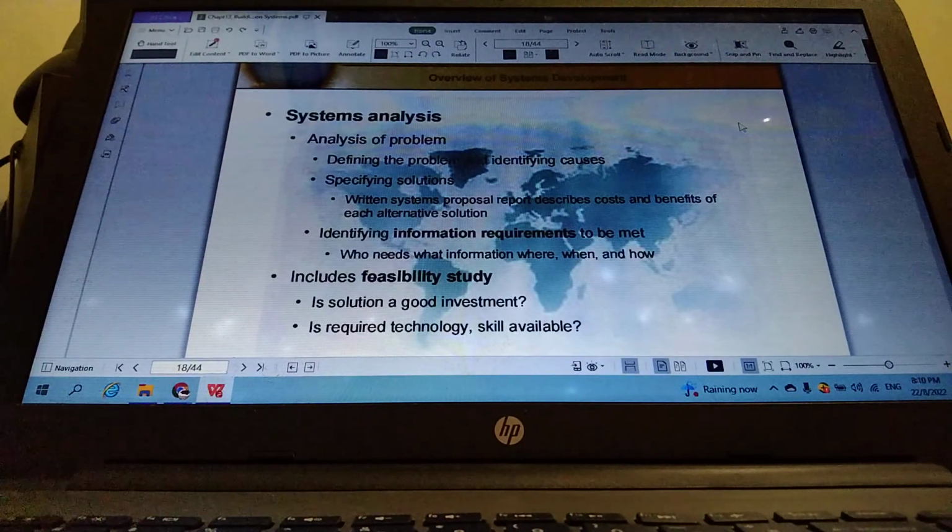Also, at the same time, at this stage, the group of people who will be involved, mainly the system analysts with the representatives from key areas or key development, need to identify all the required information: who needs what information, where, when and how.